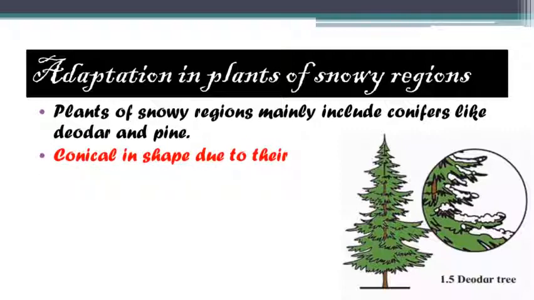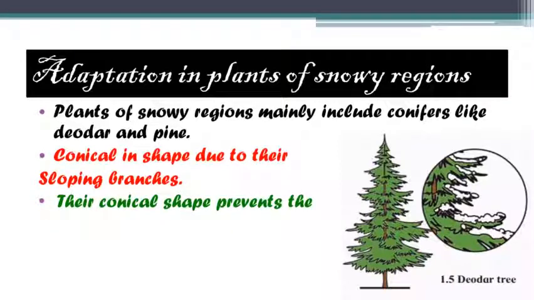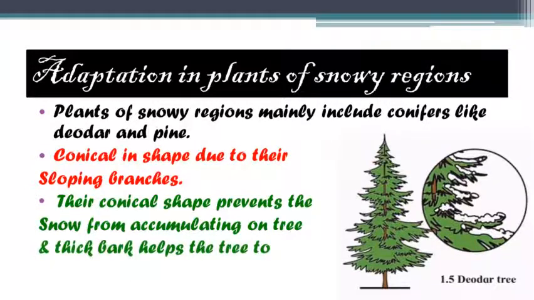In the heavy snowfall and extreme cold in this region, their conical shape prevents the snow from accumulating on the tree, and the thick bark helps the tree to withstand the cold. That means due to their conical shape, the snow which falls on the trees slides down.